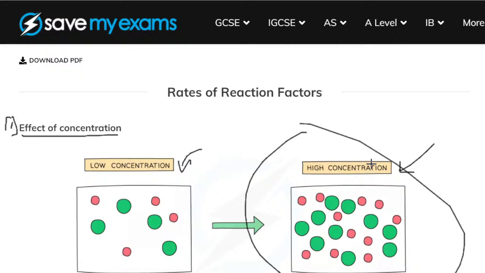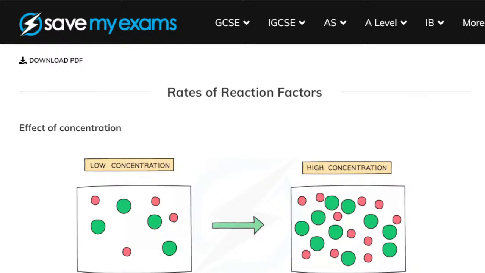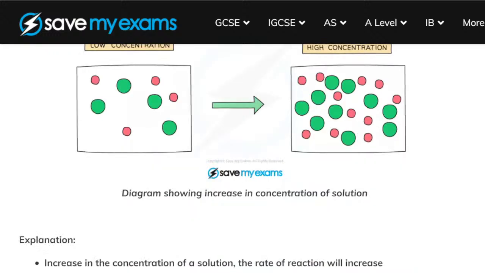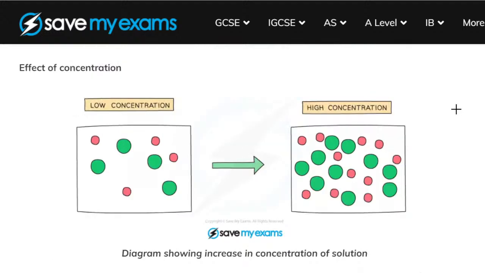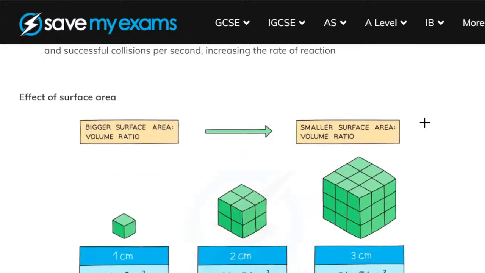More particles means more frequent collisions, and more collisions allow an increase in the rate of reaction, because everything related to reactions is dependent on the collisions between the particles. If I collide much quicker, then my reaction will be much quicker. So concentration uses the collision theory, and let's move on now.